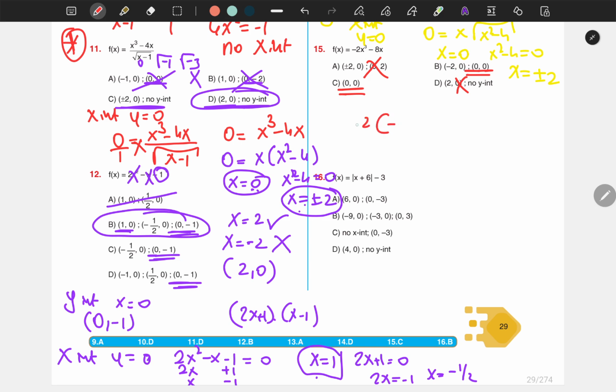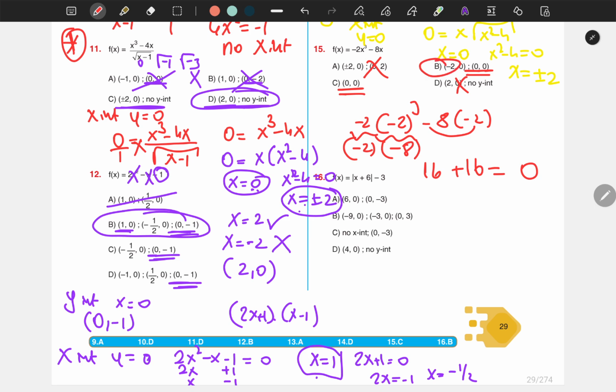It's negative 2 times negative 2 to the power of 3 minus 8 times negative 2. This is negative 8. One more negative. Negative 8 times negative 2 will be positive 16. Here negative, positive 16. Yes, that's true. I replace negative 2, I get the 0. So B is the correct option.